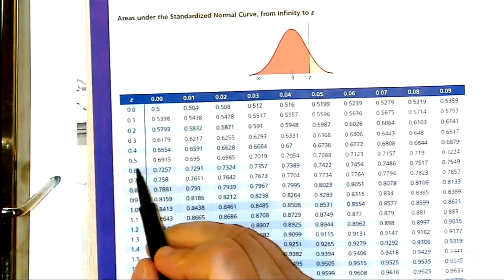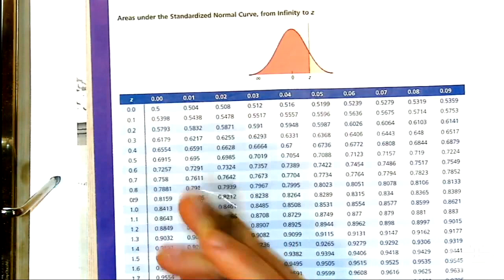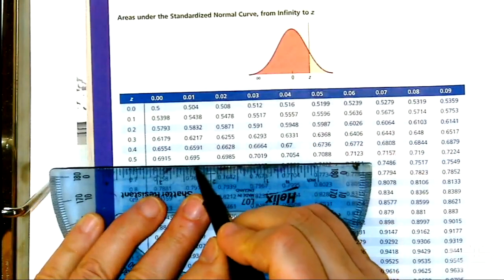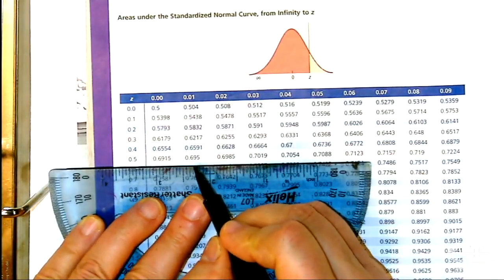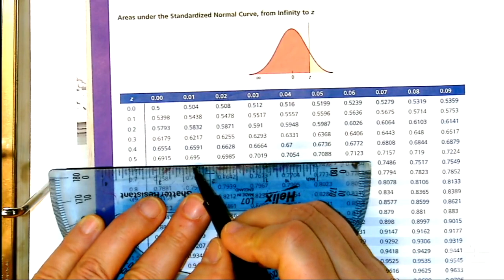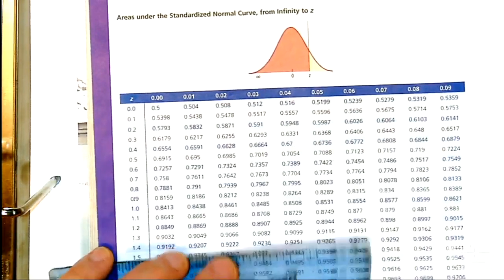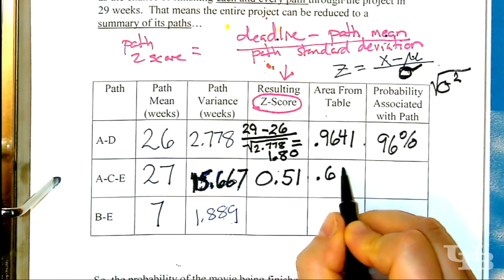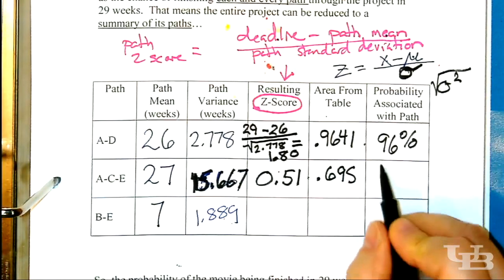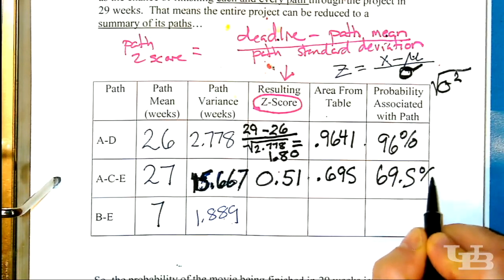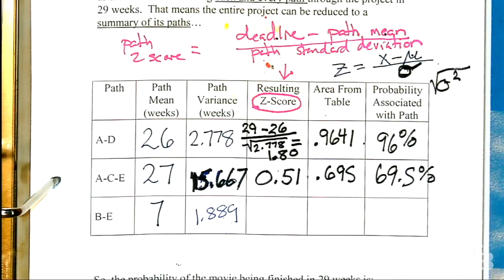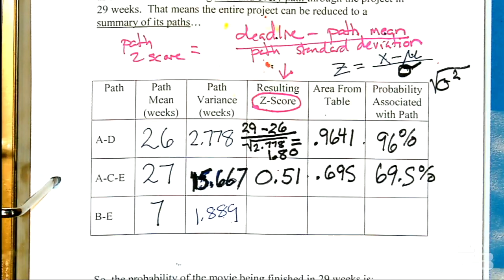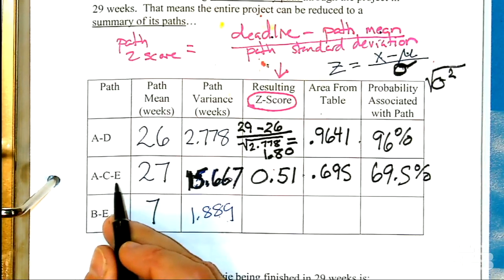Look up the first two digits here, 0.5, and then finish it off with the third digit, 1. That's the column. It says 0.695. I got to remember that. 0.695. There is a 69.5% chance, about a 69-70% chance of making the deadline if you're working through ACE.